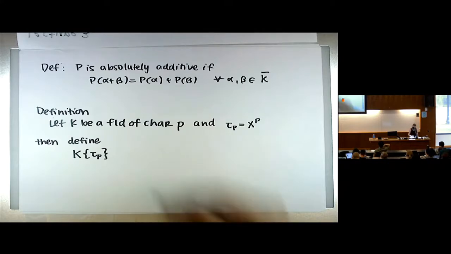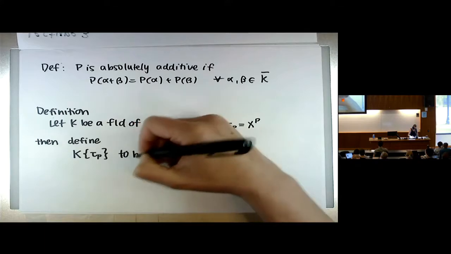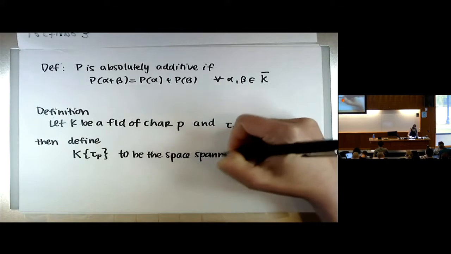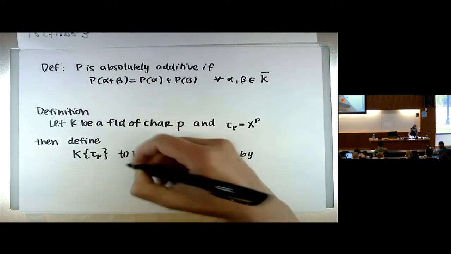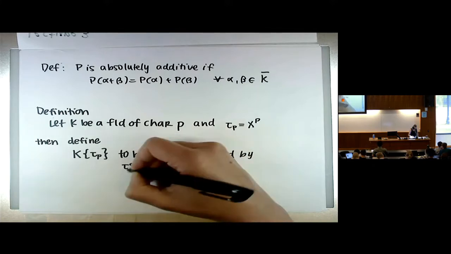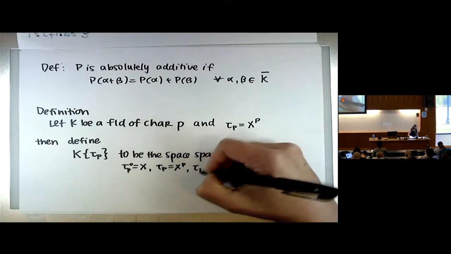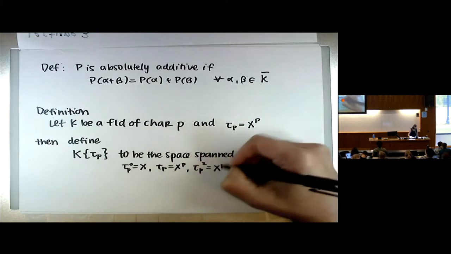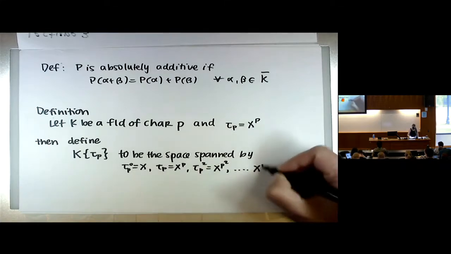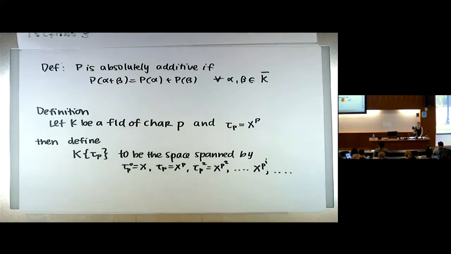And as a vector space, to be the space spanned by tau to the 0, which is x, tau sub P to the 0, tau sub P, which is x to the P, tau sub P squared, which is x to the P squared, etc. Right? So it's spanned by just these monomials.